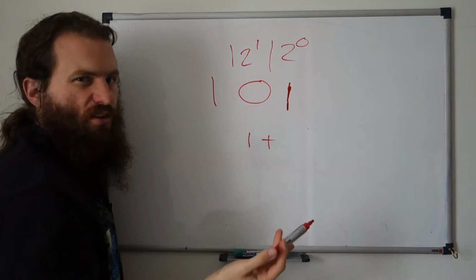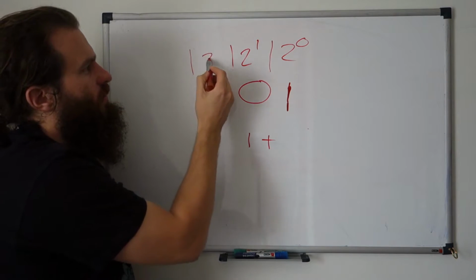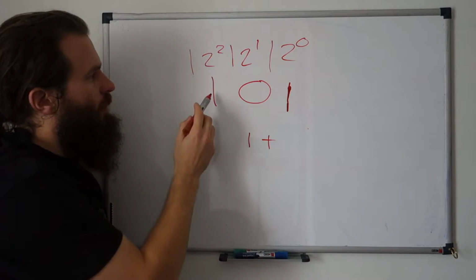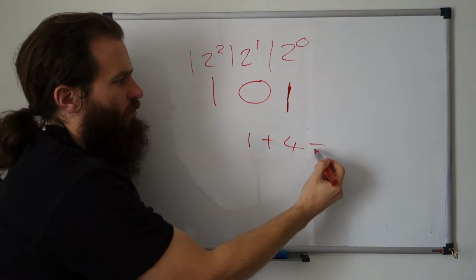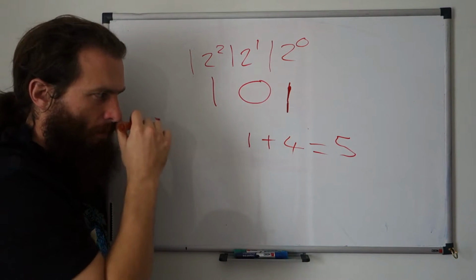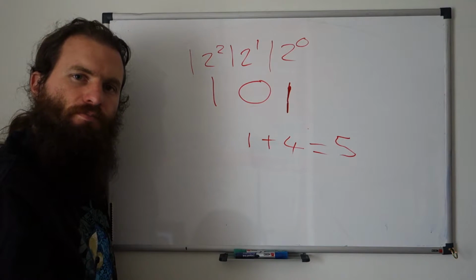Oh, 2 times 0 is 0, so that doesn't add anything. And then the next digit is 2 to the power 2, which is 2 times 2 is 4. And we've got one of those, so plus 4. So this number, 101, in binary, represents the number 5.